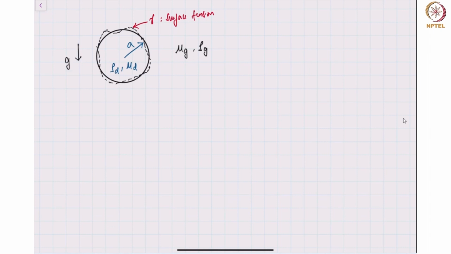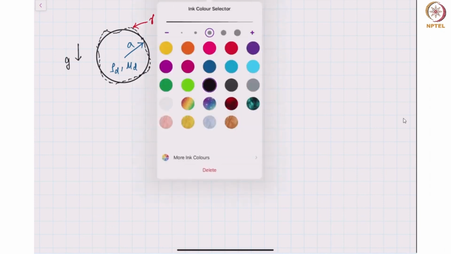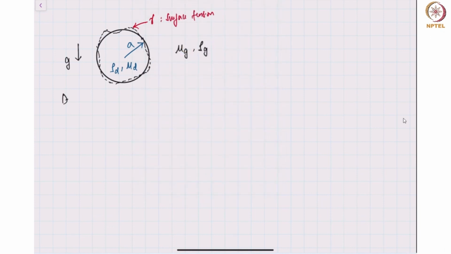So let's now write down what will be the drag force in this problem. The drag force now is going to be a function of all these parameters: the two densities, density of the droplet and the density of the surrounding medium, the viscosities, and then the surface tension force.